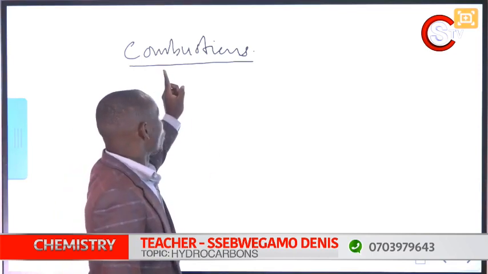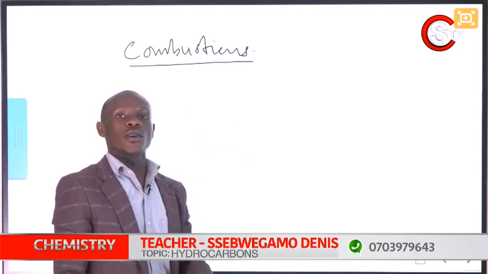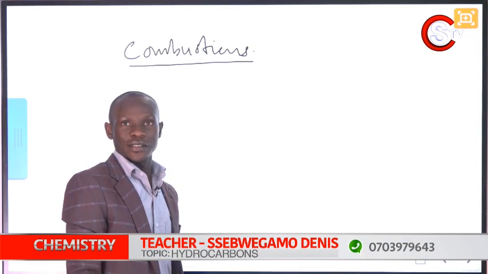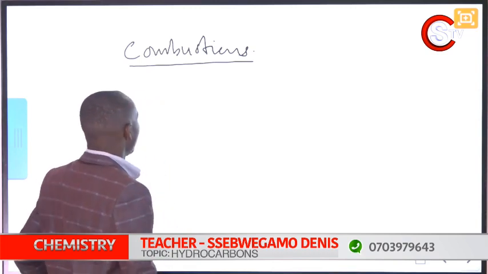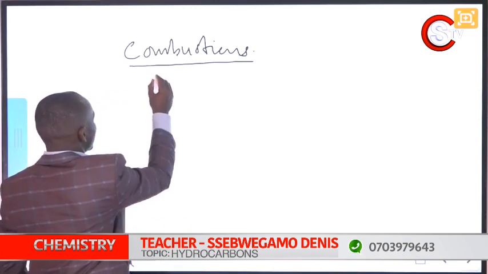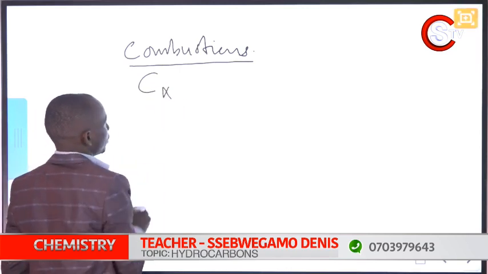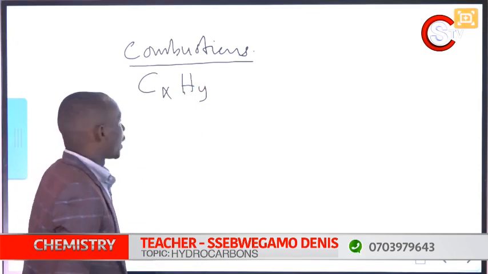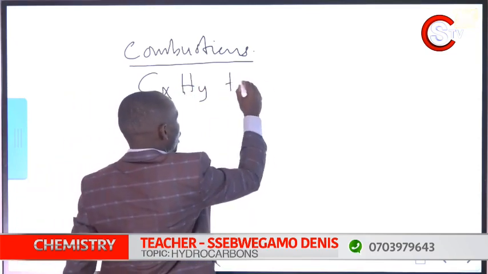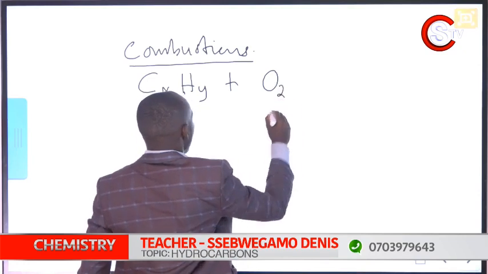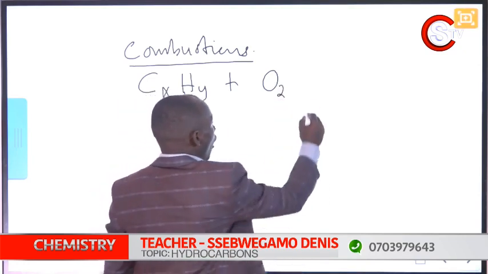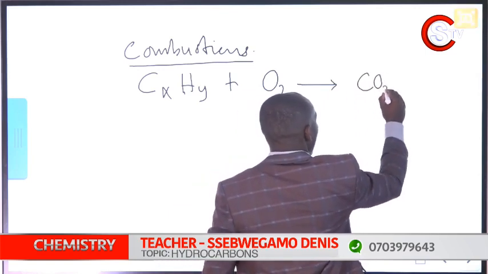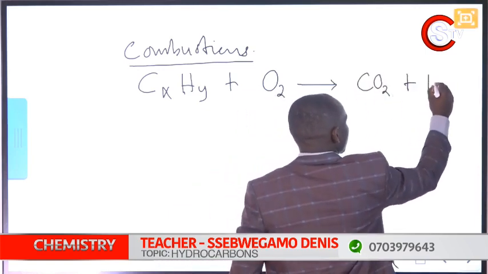So, when hydrocarbons burn in air, and all other organic compounds, they form water and carbon dioxide. For example, if I choose my hydrocarbon CxHy and I react this with oxygen, I'll form carbon dioxide and water.